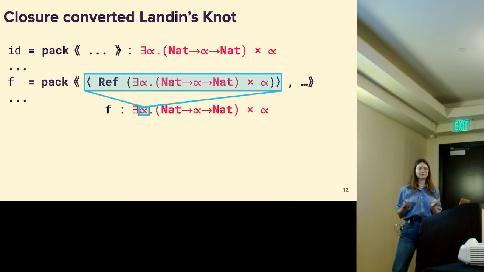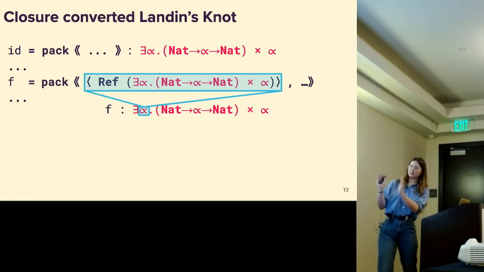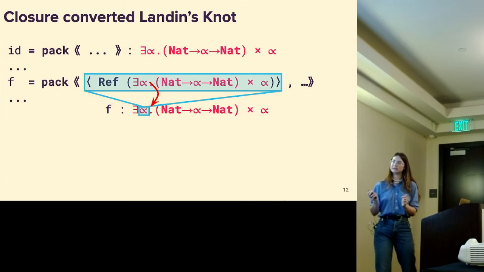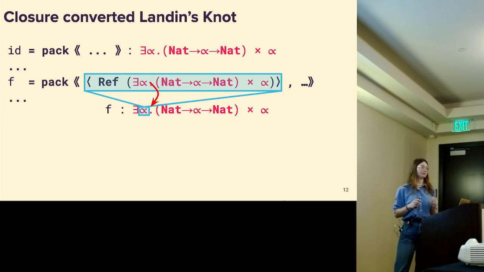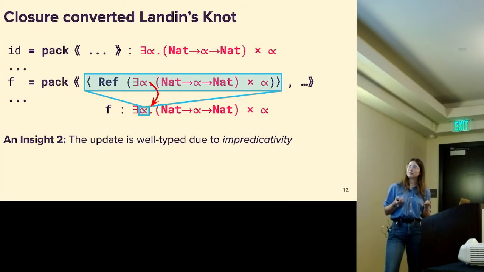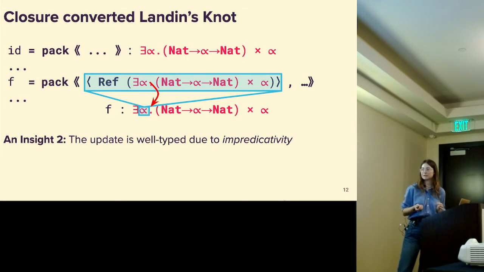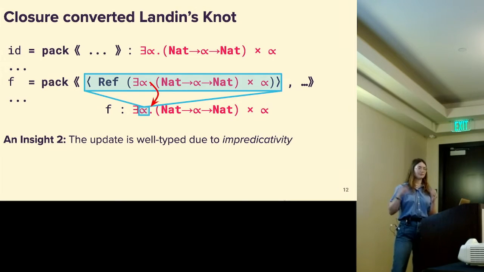This is what we refer to as impredicativity, when a type variable can be instantiated with what it's quantifying over. And so what we find by closure converting this example is that later, when we update the reference R to contain the function F, inside of this reference, we also instantiate the type variable with the same type it finds itself in. So the update to this function's environment is actually well typed due to impredicativity, the fact that this type variable alpha can be instantiated with itself.